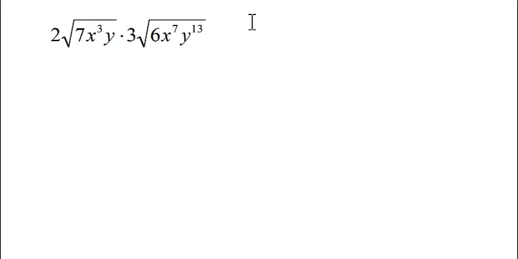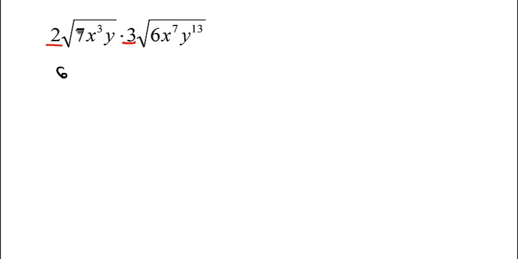Now this example is just a little bit more complicated than the last one, just because it has some more terms under the radical, but you treat it the same way. So we've got a 2 times 3, so let's multiply those together. That's going to give us a 6. Now we multiply everything that's under the radicals.